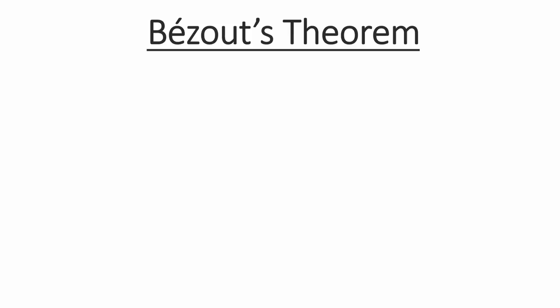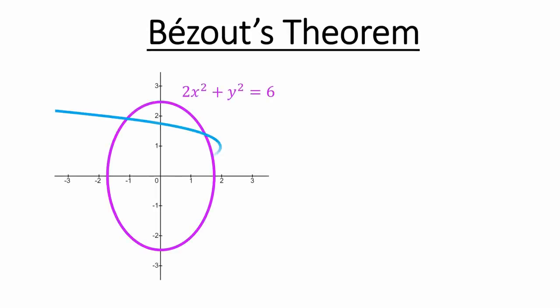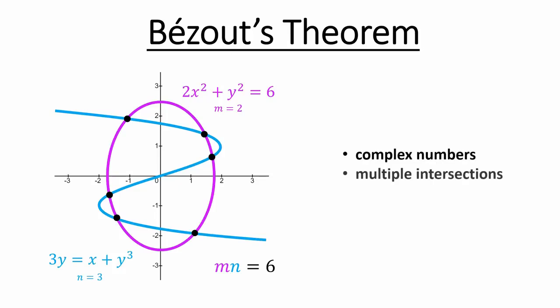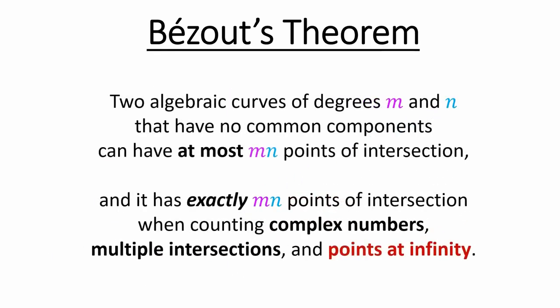Bézout's theorem states that if 2 algebraic curves in the plane, that is, curves described by polynomial equations, meet in finitely many points, and if they have degrees m and n, then the number of intersection points is at most m times n. But even more amazingly, if we consider complex coefficients, multiplicities of intersections, and points at infinity, the number of points of intersection comes out to exactly m times n.